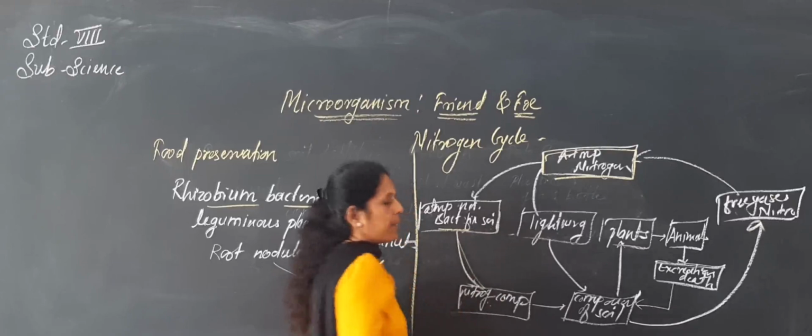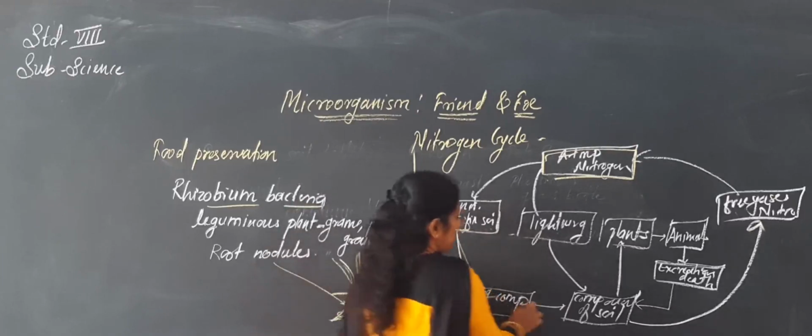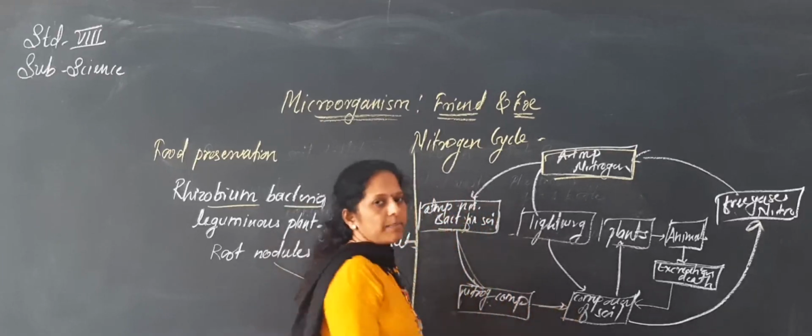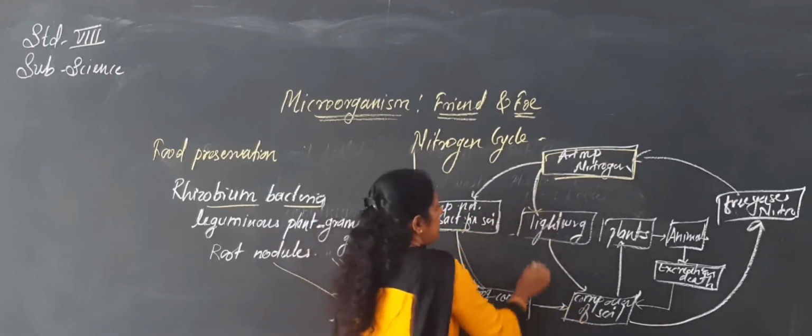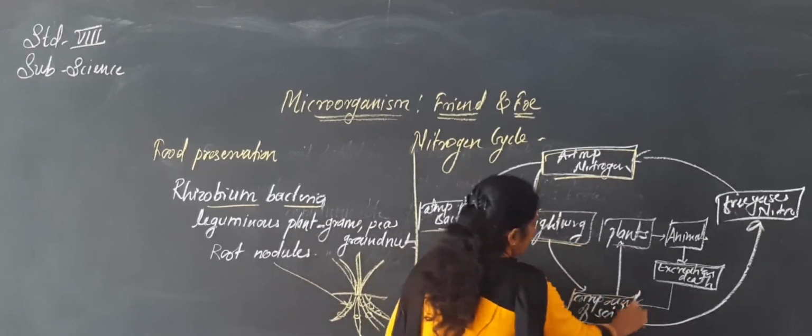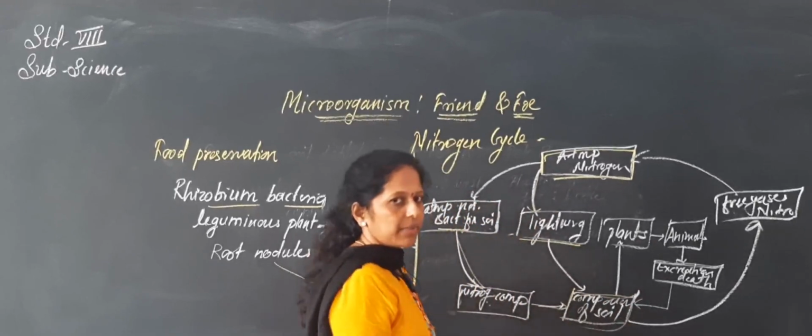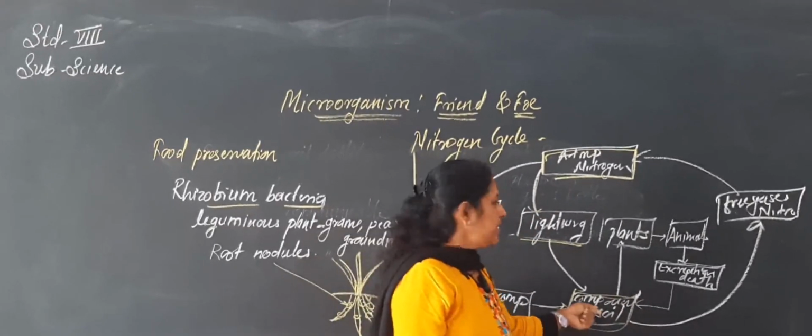That is necessary, and the bacteria do it. The bacteria first convert it into nitrogen compounds, and then the compounds of nitrogen enter the soil. Also by the lightning method, compounds of nitrogen form in the soil.